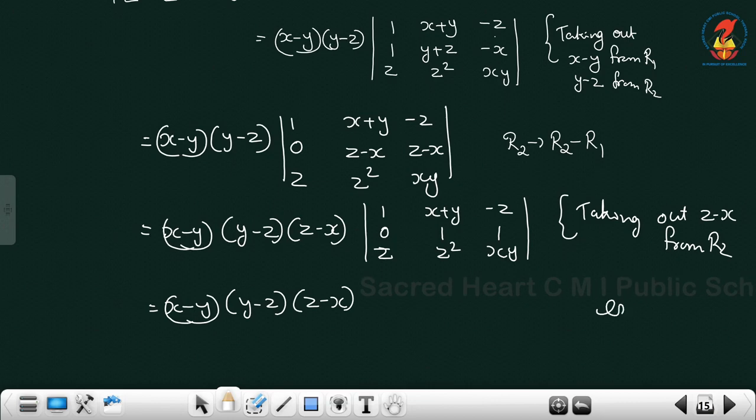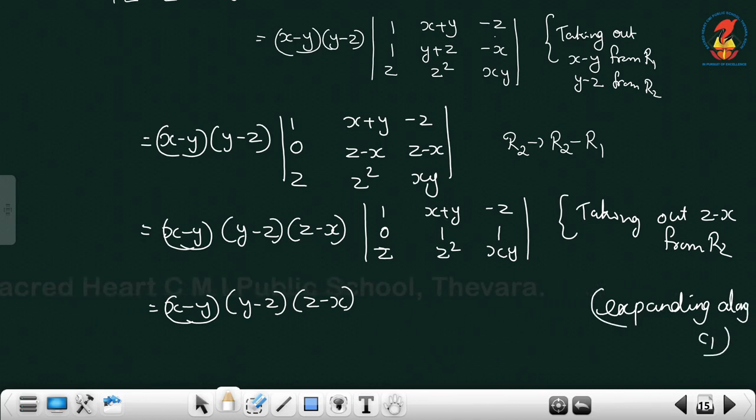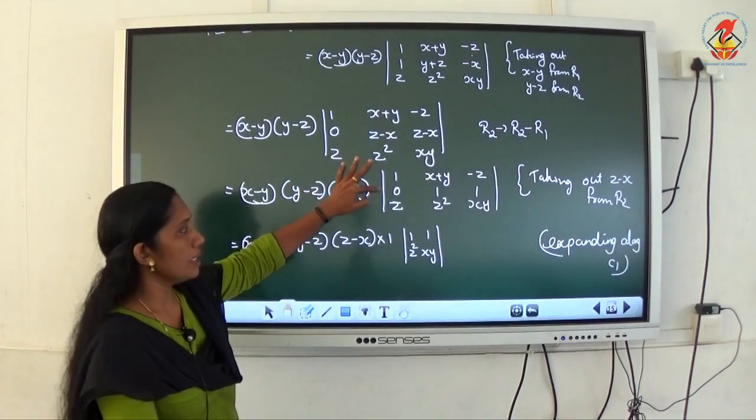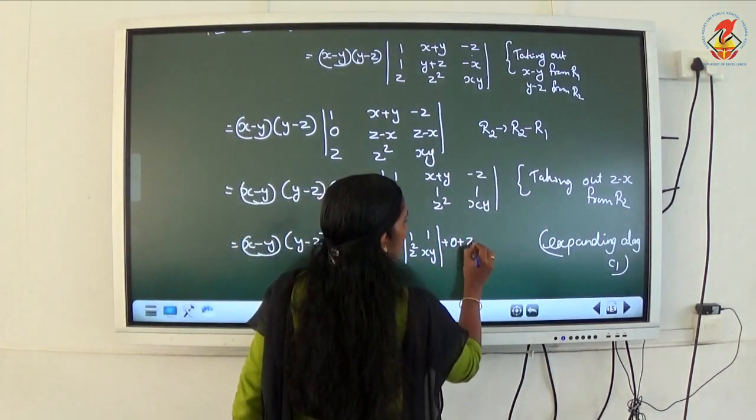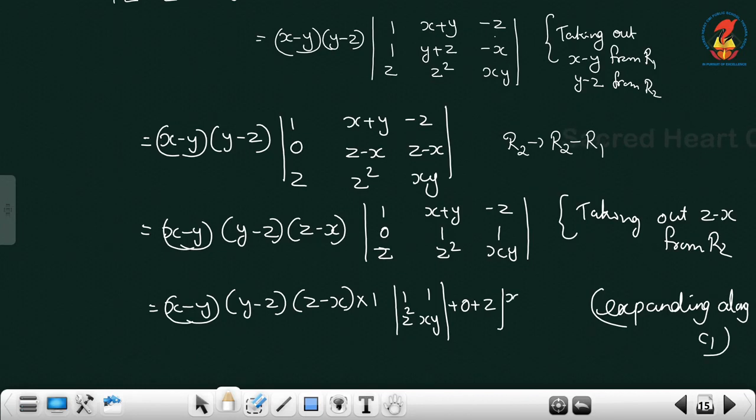So expanding along C1: 1 into determinant, delete the row and column, so we get 1, 1, z square, xy. Then next element 0, then last element z, delete the row and column, so x plus y minus z, 1, 1. Now expand that.